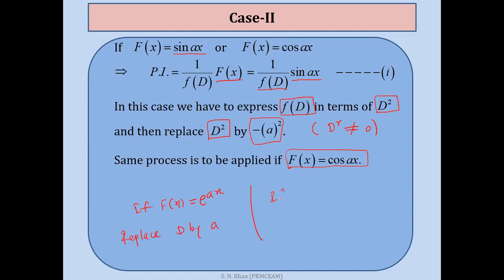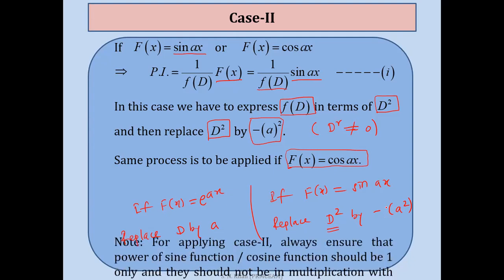And in case number 2, if capital F of x is equal to sine ax or cos ax, then we have to replace D square by minus of a square. That's why D square is necessary; it should be present in the operator. And if D square is not present, then first we have to convert the operator into the D square format, and after that we have to replace it.